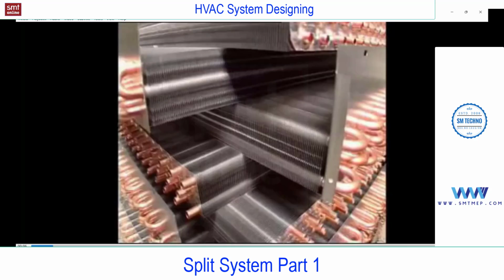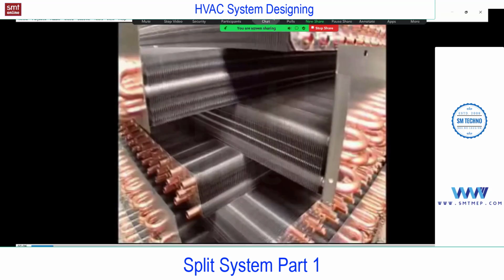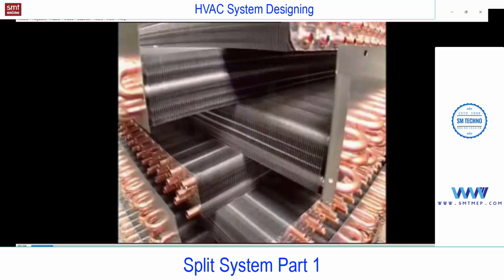These fins are used to increase the rate of heat transfer by increasing the surface area. So this is common for any heat exchanger. A condenser or evaporator in general is a heat exchanger only. These tubes you'll find are copper and the fins are aluminum. This is the default configuration in actual practice.